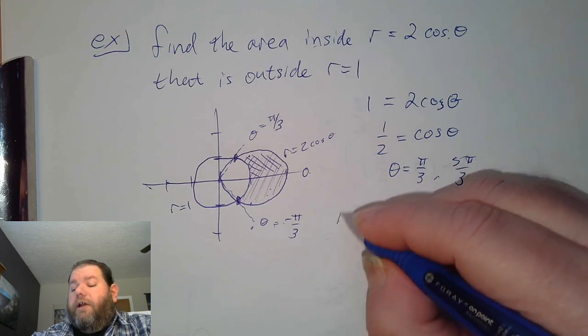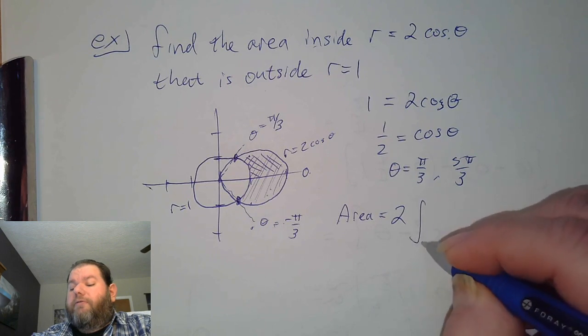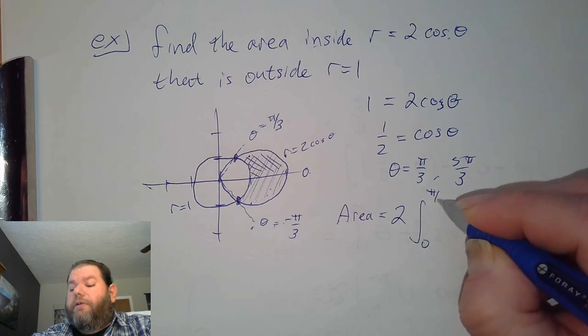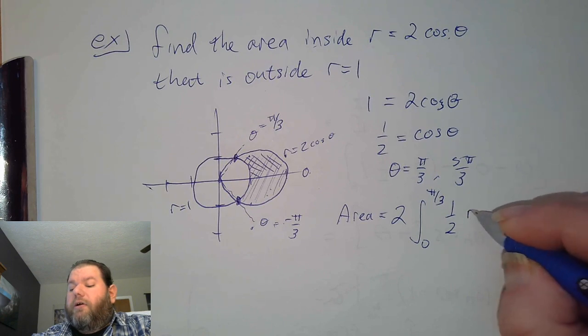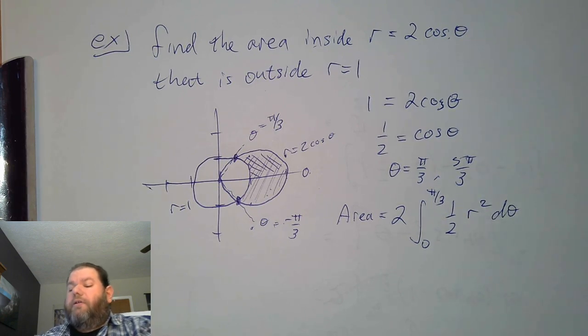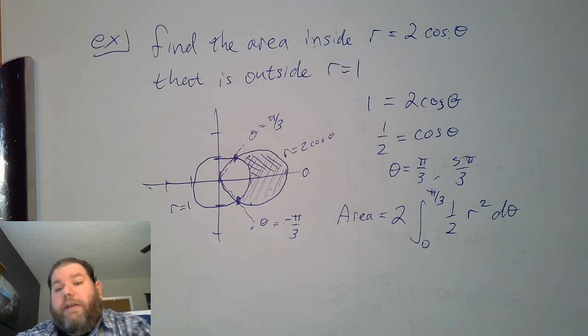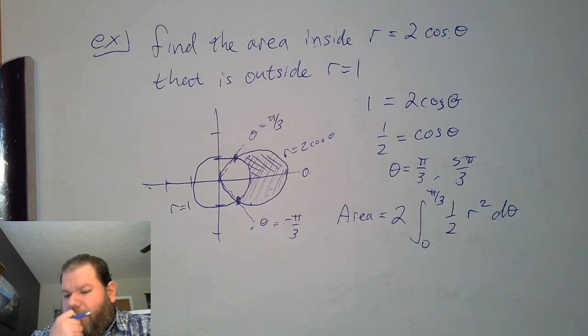So we want our area to be 2 times the integral from 0 to pi over 3 of 1/2 times r squared d theta. Now the nice thing here about doubling the area is that we cancel out the 1/2 that's natively part of this.